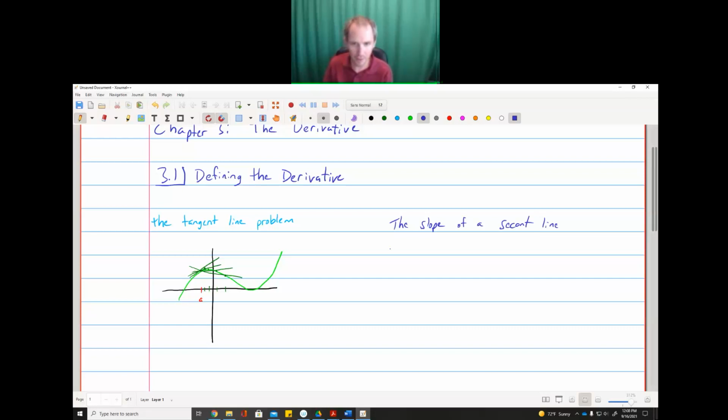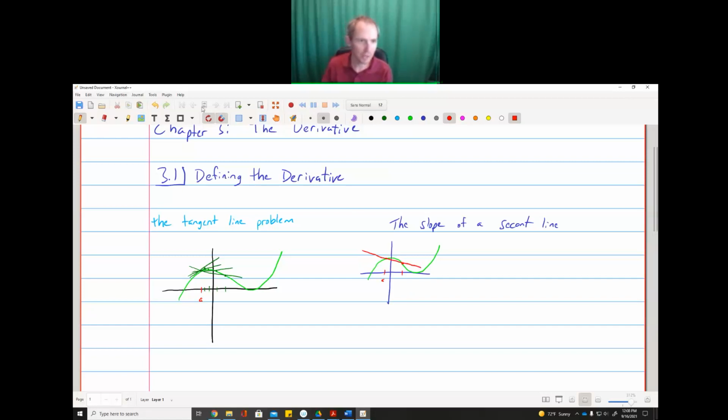Now, a secant line is not like a new strange thing. What I want to do is look at this same graph that we just drew. The secant line is just when we pick 2 points and we connect them with a line.